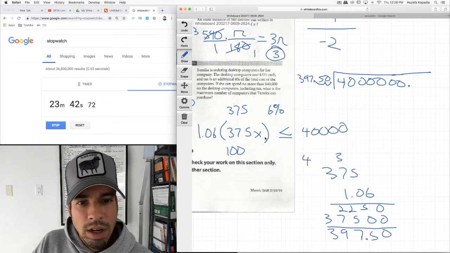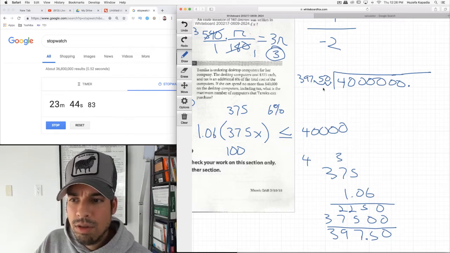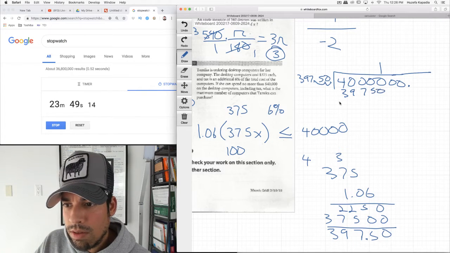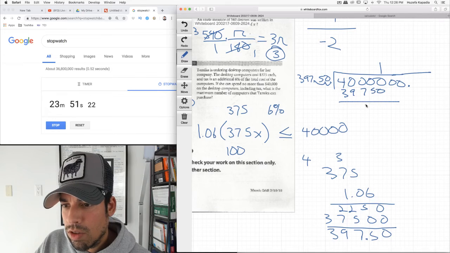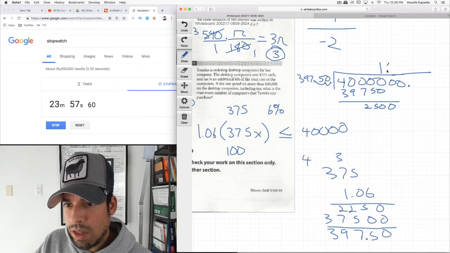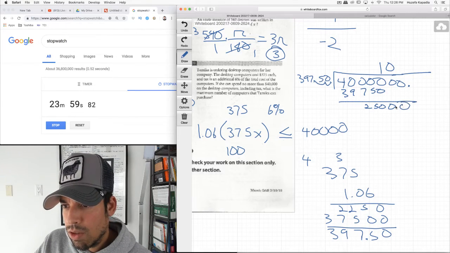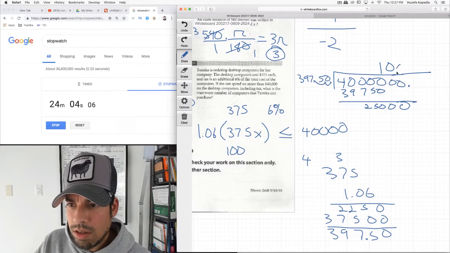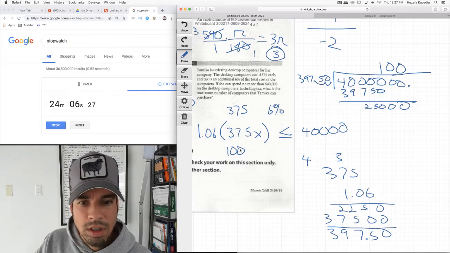Okay, so this goes in one time. 397.50 is 250, right? Bring down a 0. That goes in 0 times, bring down another 0. It goes in 0 times again because it's still too small. So it's 100.